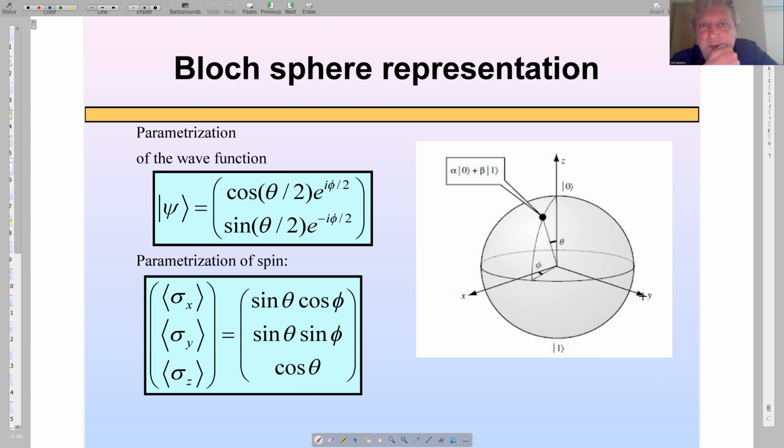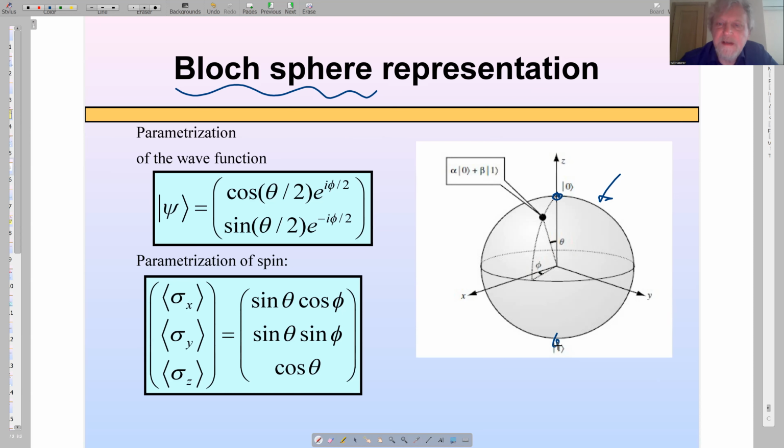All right, so it's the representation of a Bloch sphere. The Bloch sphere is here. So there's a unit radius sphere in 3-dimensional space. We have 2 states in the qubit, 0 and 1.